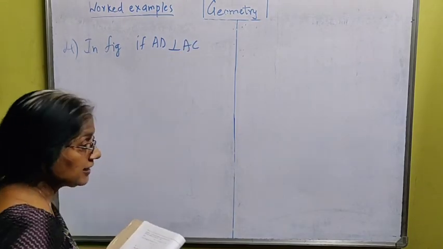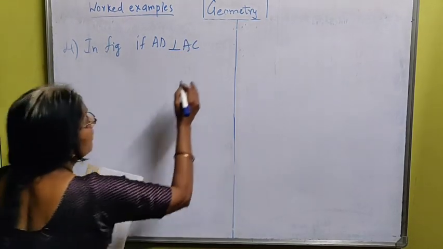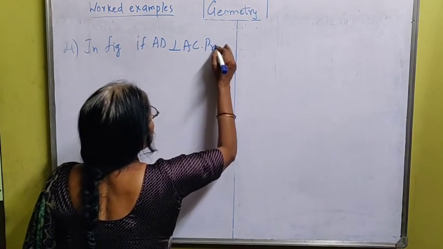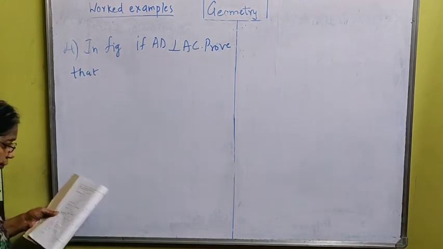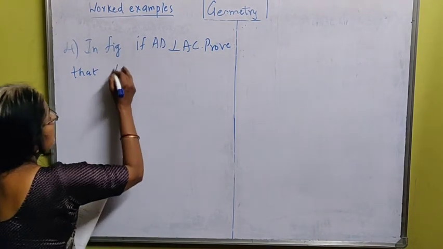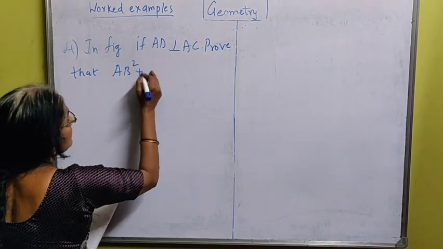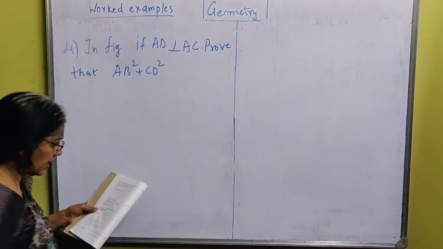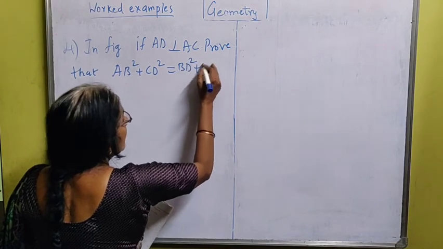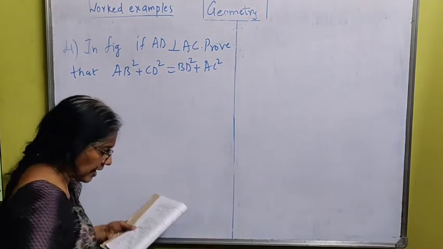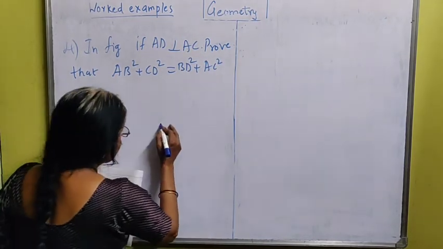So perpendicular is given, which means 90 degrees. So keep that in mind. Prove that, what you have to prove? Prove that AB square plus CD square is equal to BD square plus AC square. So what is the figure given? Let us see.